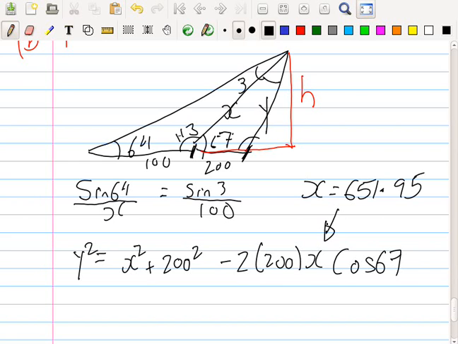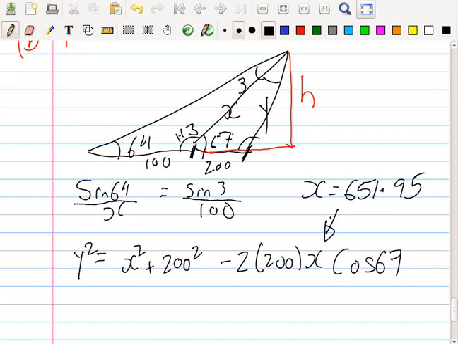And you know x. Rats, I forgot my multiply signs. That's quite a big number, and then the square root.